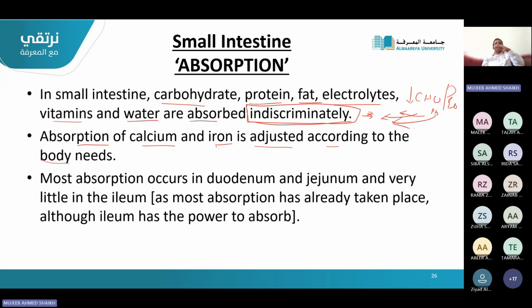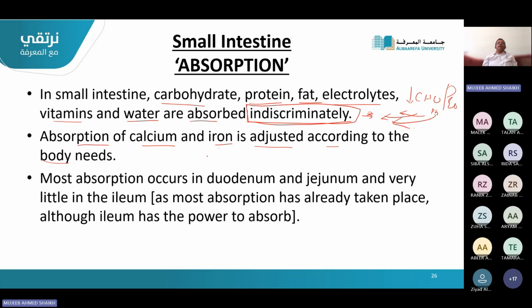If your plasma calcium levels are normal, it will be little absorbed. If your calcium level is low, it will be more absorbed. Similarly for iron, if you are anemic, absorption will be more. If you are already normal, absorption will be normal as per the daily requirement, even if you eat excess iron or excess calcium. Why?